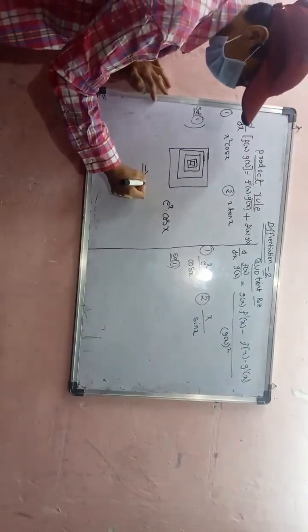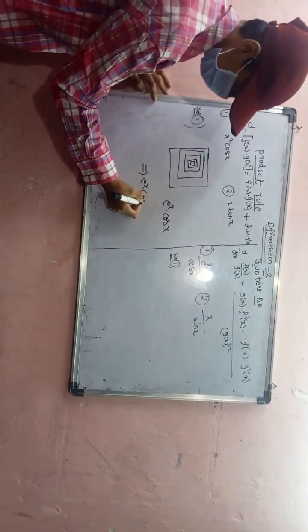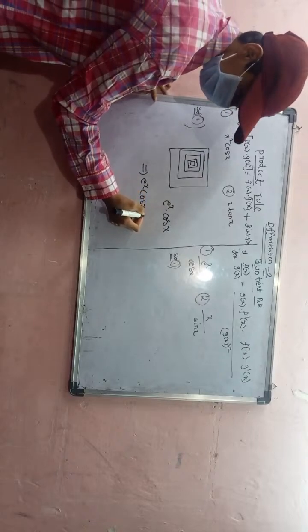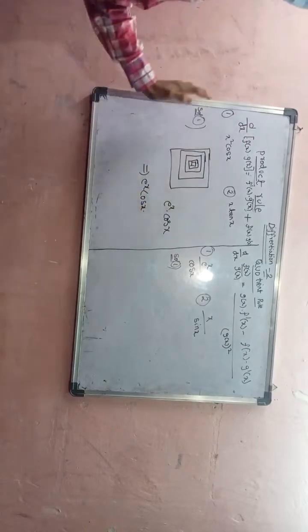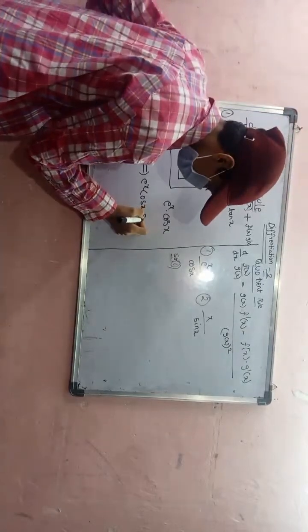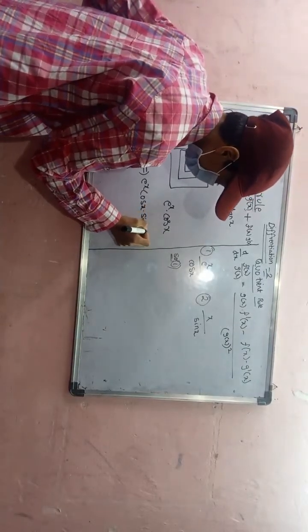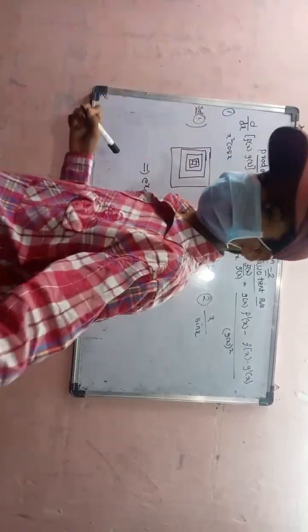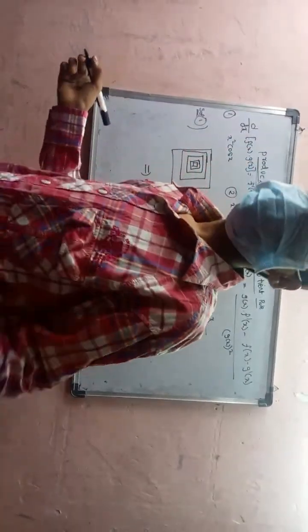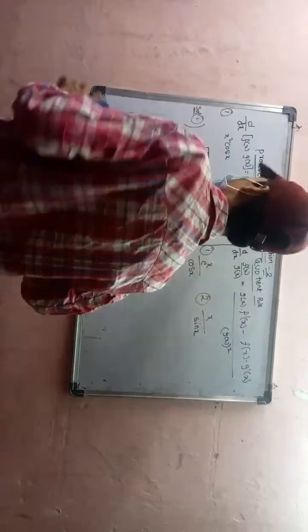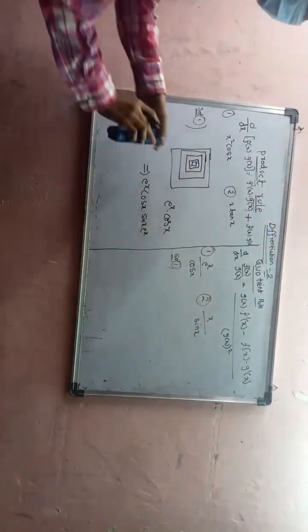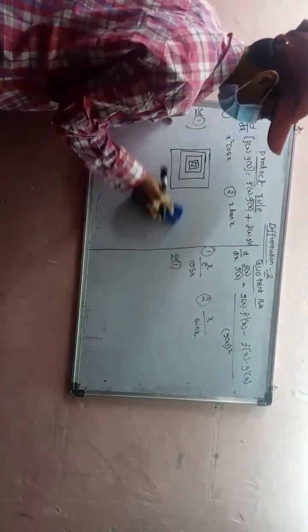Here e power x, cos x into sin x, like this we make a chain. That is the chain rule.